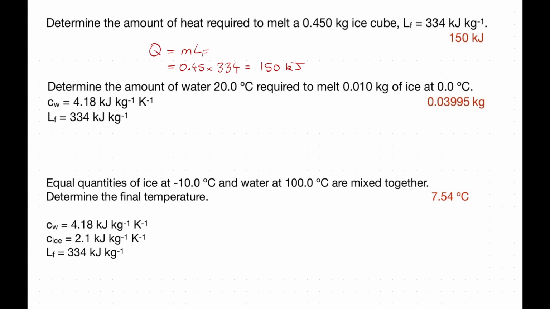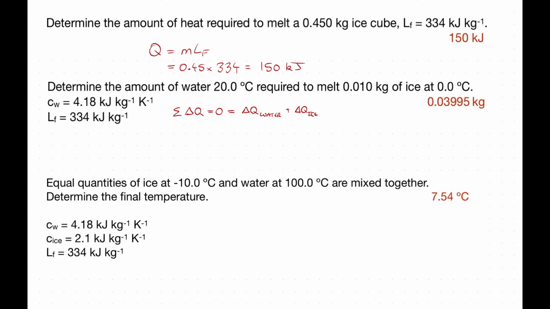There's two different ways of doing this. So we could say that the change in Q is going to be equal to 0, because we're going to assume that there is no energy lost from the system. So that means we're going to have our change in Q from the water and our change in Q for the ice.